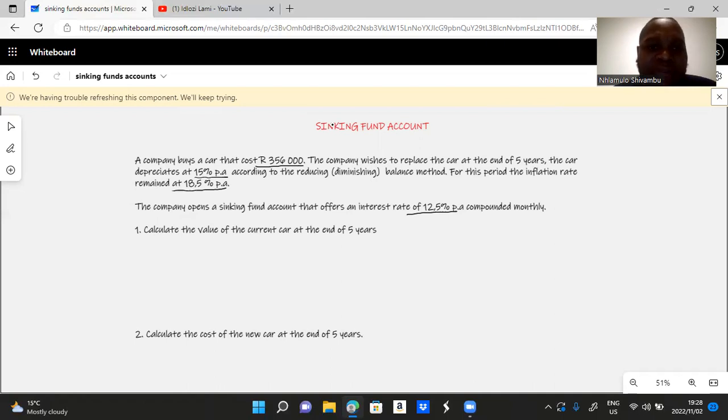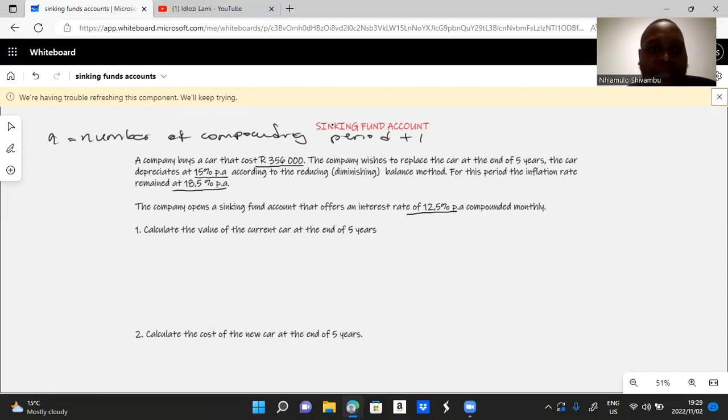But if the first payment is made in the month of purchase, we say that an immediate payment has been made. Right? An immediate payment has been made. So if an immediate payment is made, the N will be equals to the number of compounding periods plus 1.